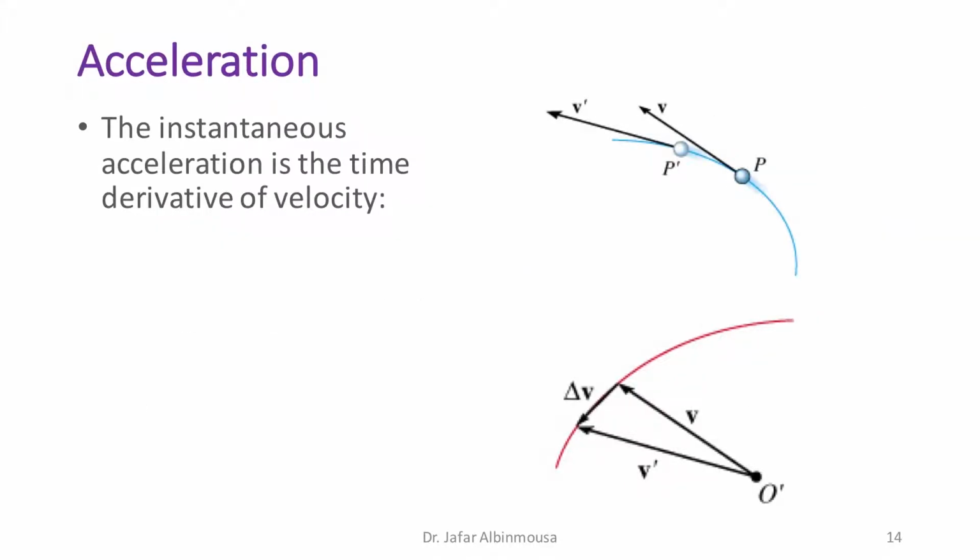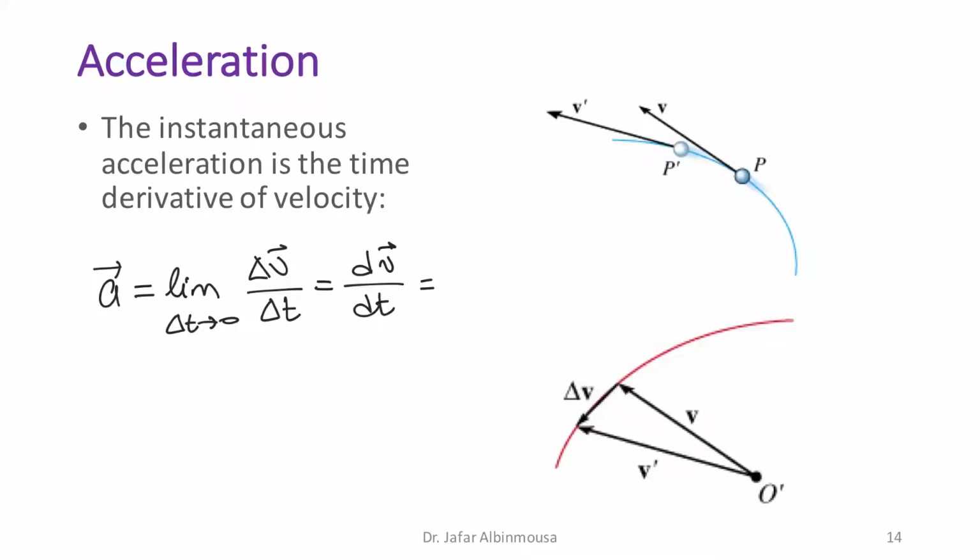The instantaneous acceleration is the time derivative of the velocity. So if we want to find a as the instantaneous acceleration, then it is the limit as delta t goes to 0 of delta v over delta t, which is equal to dv over dt, which is equal to d2r over dt squared.